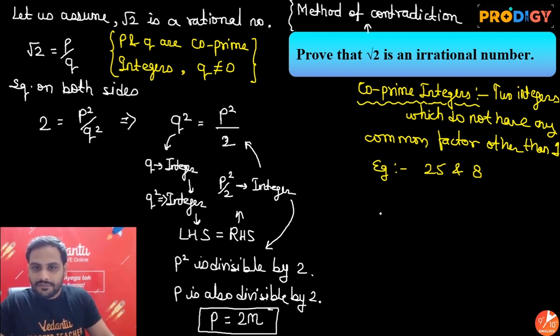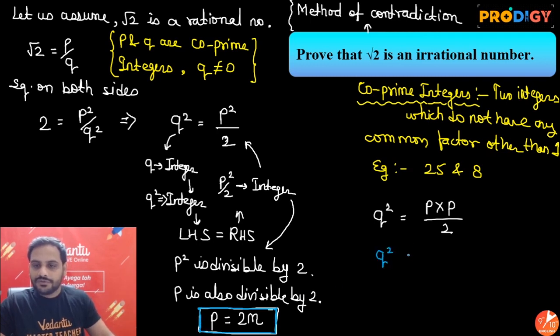So I am left here, beta, with q square is equal to p square by 2, where I know p is equal to 2m. Now replace p with 2m, because we know p is divisible by 2.